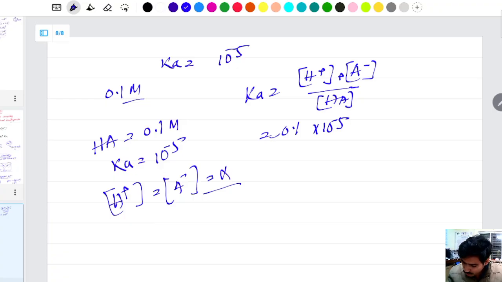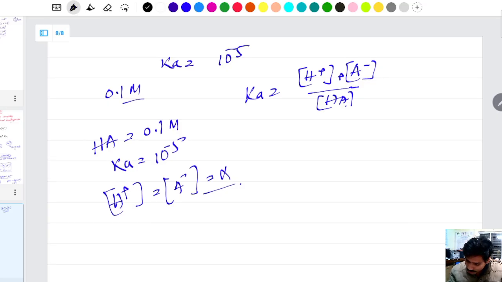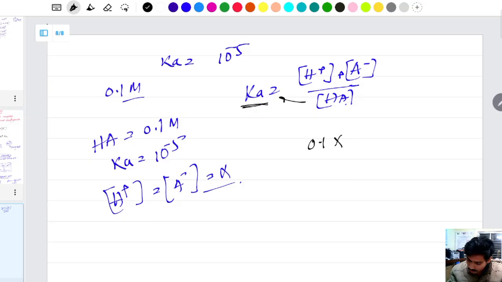Let's take now, we have to calculate the pH. It means we have to calculate the H plus. So HA 0.1 into Ka value, 10 to the power minus 5, divided by A equals X. A equal to X means X square.